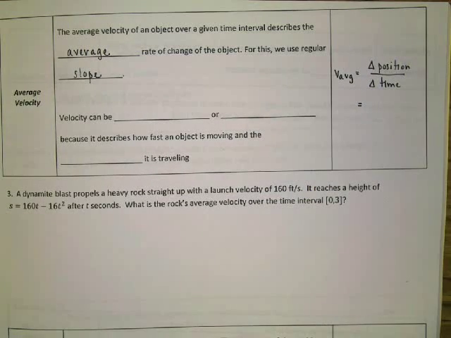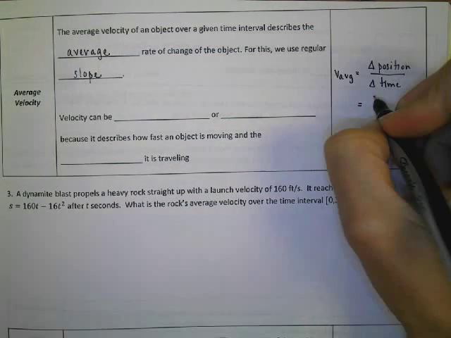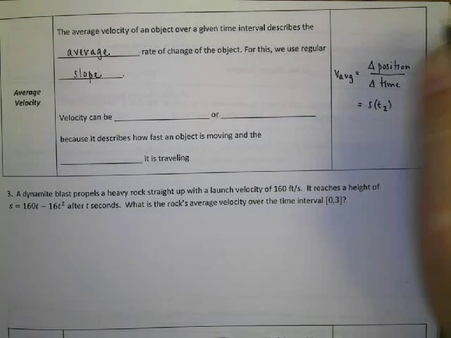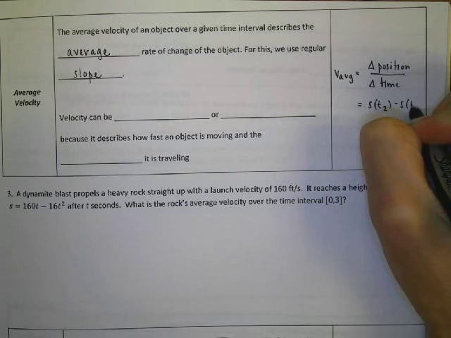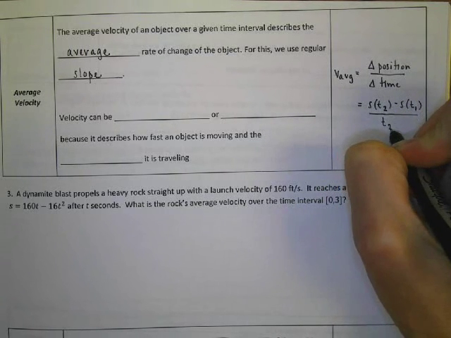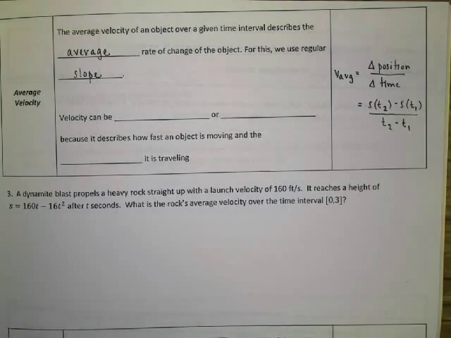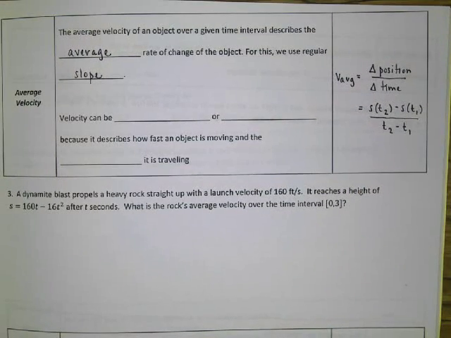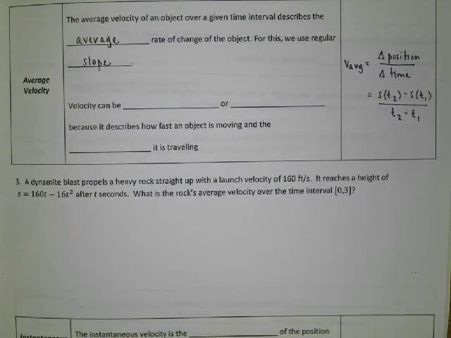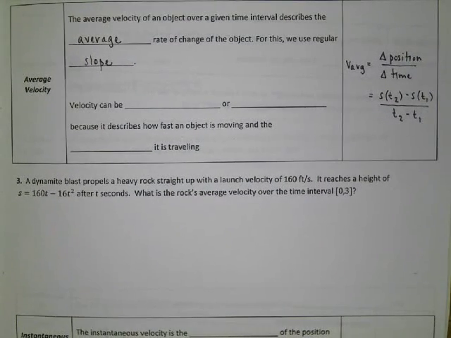So if we use the notation we've been developing thus far, we would say our position at time 2 minus our position at time 1, all over the change in time, which is t2 minus t1. And that would give us our average velocity. Again, that's just our change in y over our change in x, or our slope.